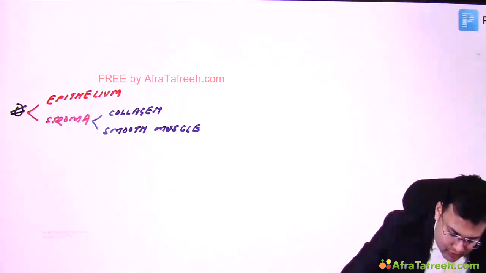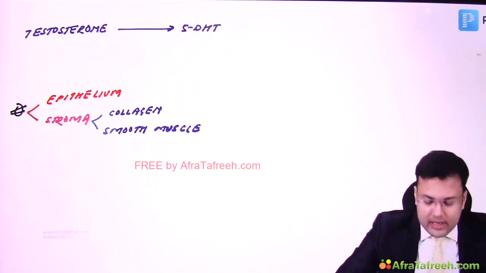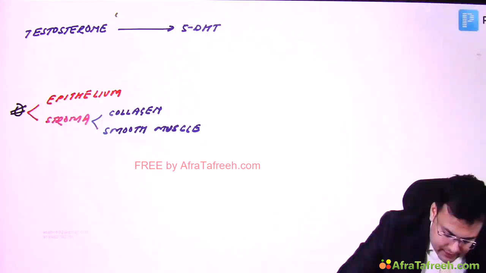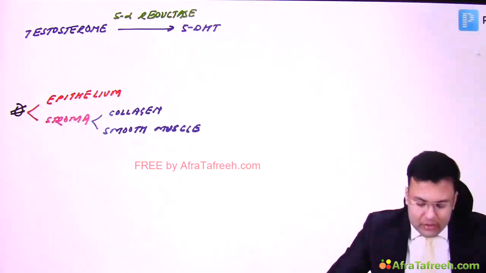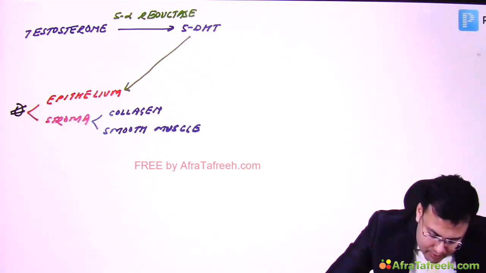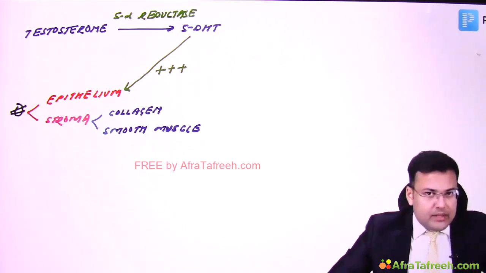So testosterone should be converted into 5-dihydrotestosterone, and the name of enzyme is 5-alpha reductase. Clear? And this 5-dihydrotestosterone has a positive effect on epithelium, means stimulatory effect on epithelium.